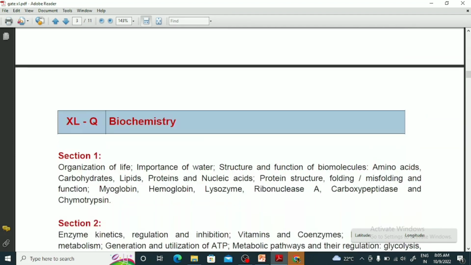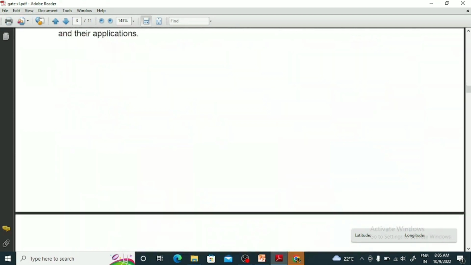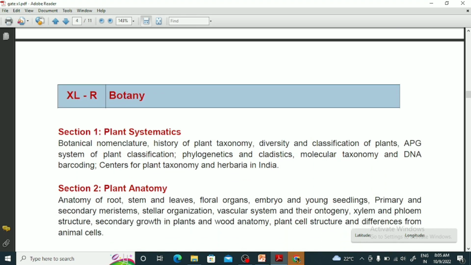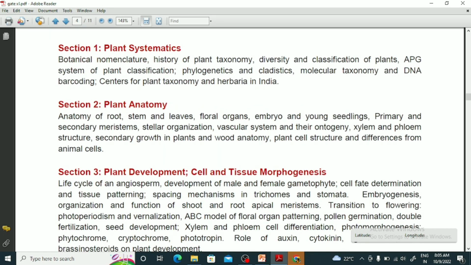Then the next section is related to botany, where we have to focus upon lower botany as well. The first unit is plant systematics, in which we study botanical nomenclature, history of plant anatomy, etc. The next topic is plant anatomy, where we have to go in depth into how a vascular bundle is formed, what secondary growth is and how it occurs, and the wood anatomy that we study at our BSc levels.